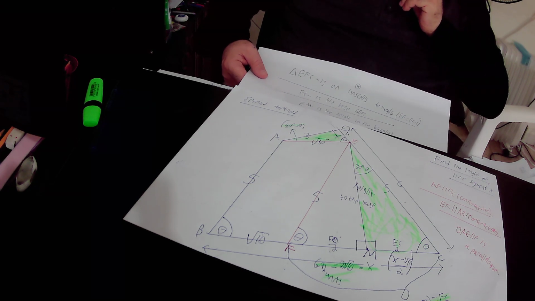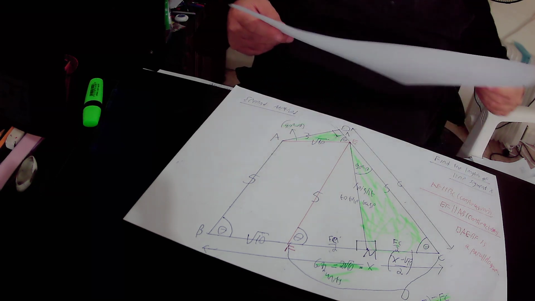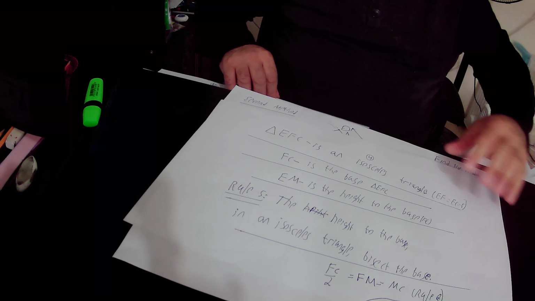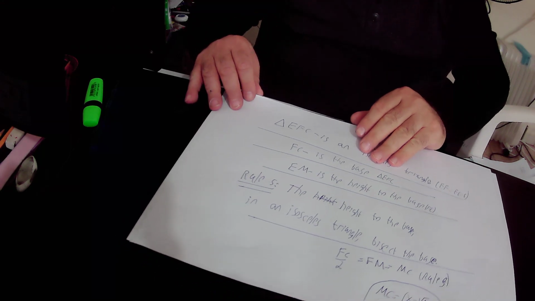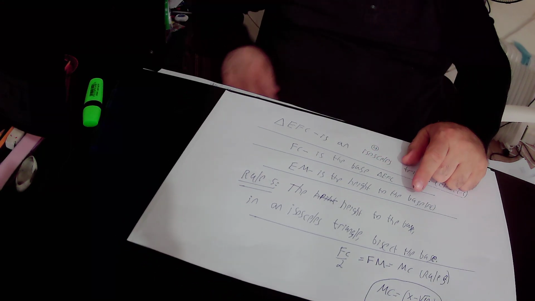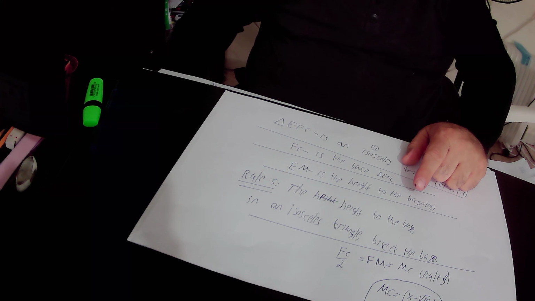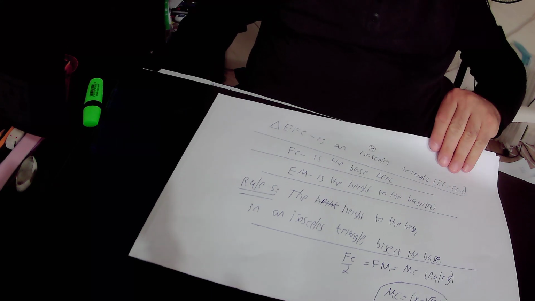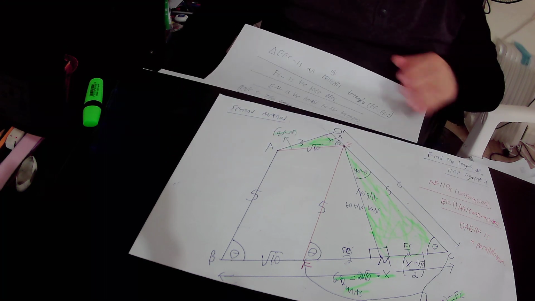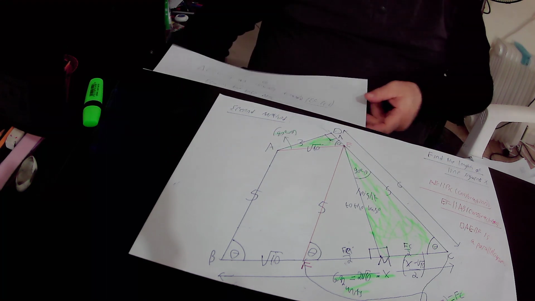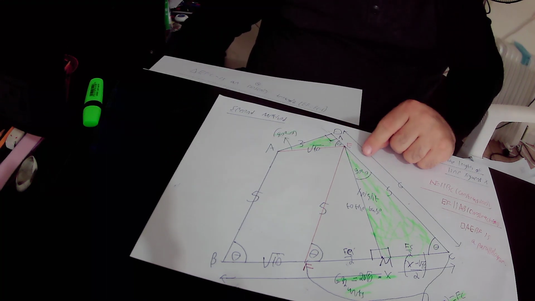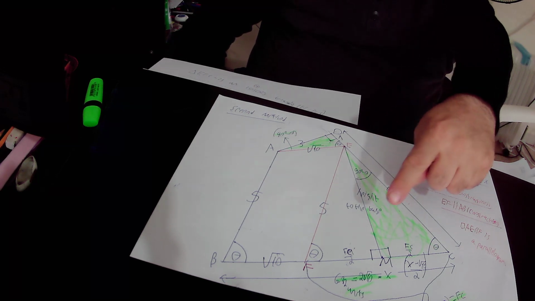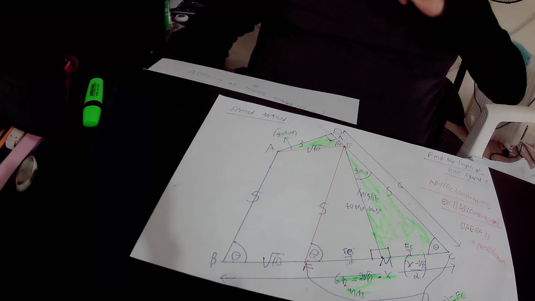And then I presented to you rule number 5. According to rule number 5, the height to the base in an isosceles triangle bisects the base. But before that, from point E we draw a perpendicular on FC.